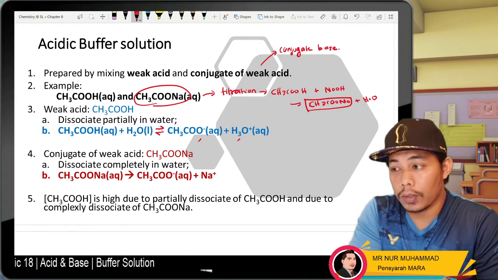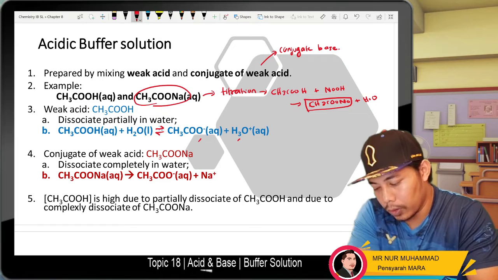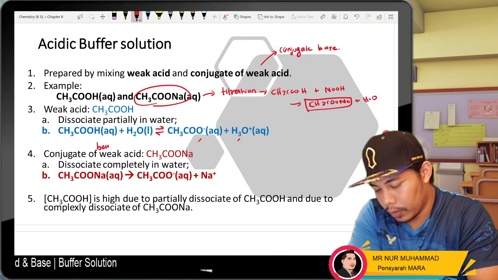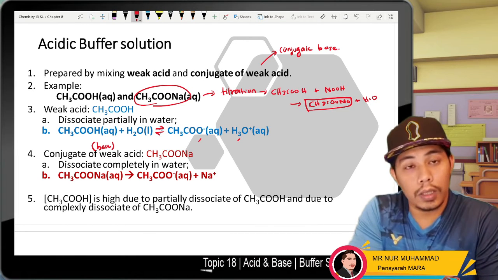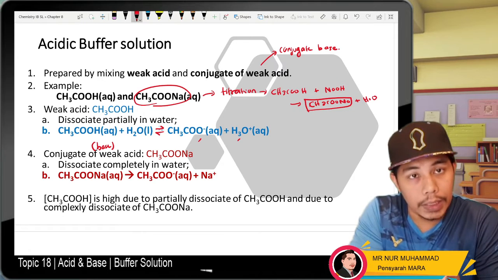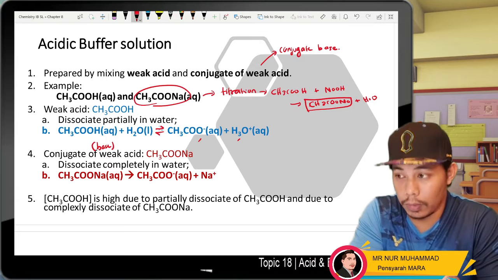Alright, so how about the conjugate of the weak acid, the conjugate base? Sodium ethanoate will dissociate completely in water to produce ethanoate ion and sodium ion.